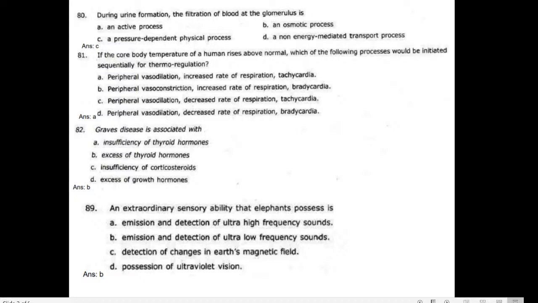Here the important thing is the pressure dependent physical process. This is a direct theoretical question. In this unit, many of the questions are theoretical questions.